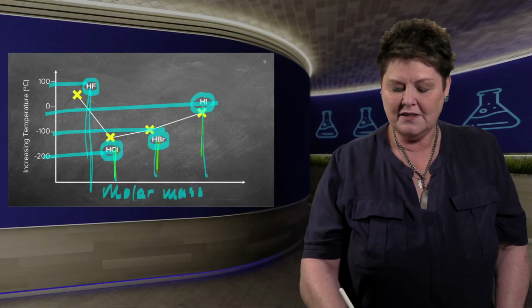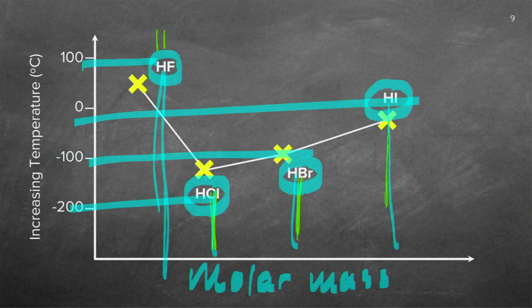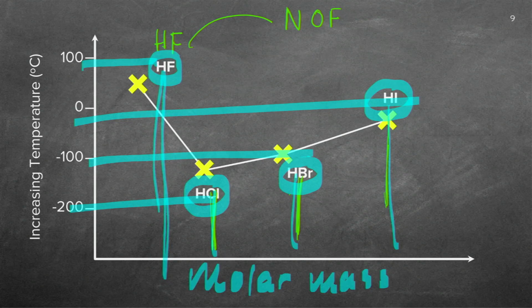Interesting, guys. Did you see H and F? And can you recall the NOF? So what I have here is in actual fact the hydrogen bond. Here, a hydrogen bond. What I have here is dipole-dipole.